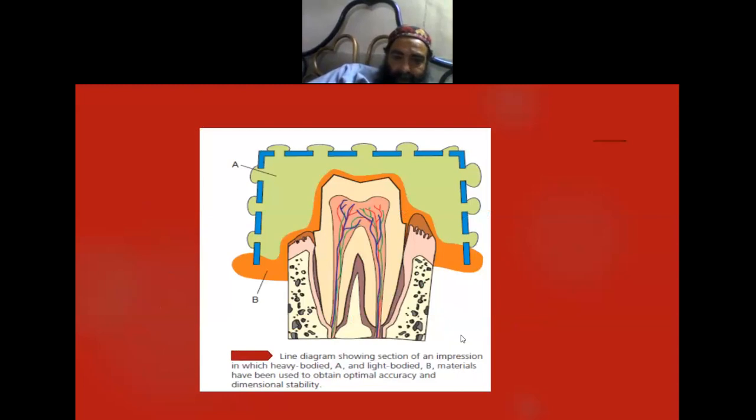Now, it is a picture in which we can see this yellow color. Yes, this one. This is the light bodied material. This is the prepared tooth, and this one is the heavy bodied material, and this dotted area is representing our impression tray.